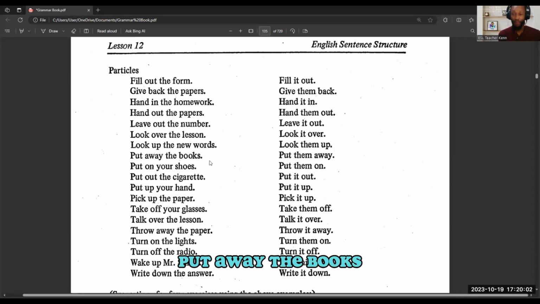Put away the books. Again, put away the books. Put them away. Again, put them away. Let's continue. Put on your shoes. Put on your shoes.